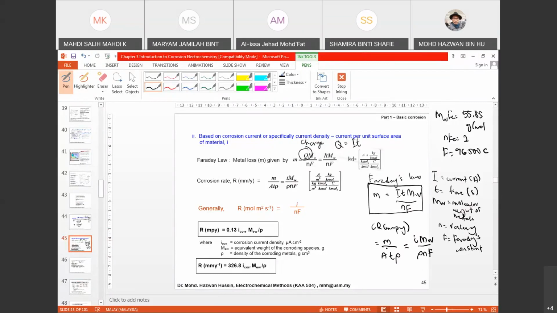So both will give you the same value. If you want to calculate the corrosion rate based on mass loss or metal loss, you can use this one.